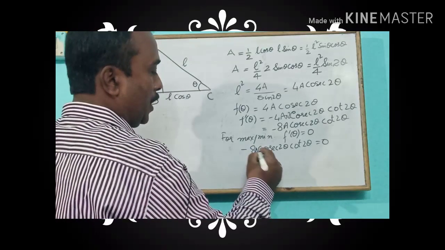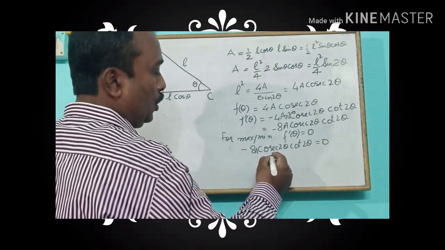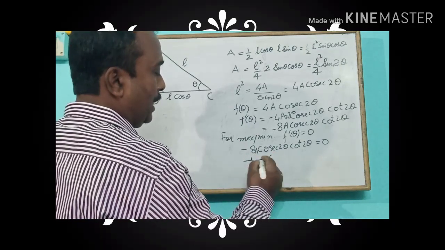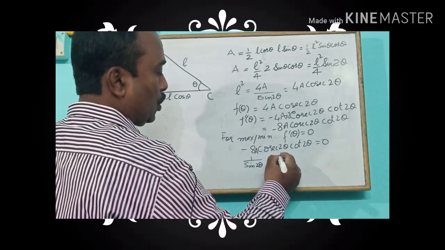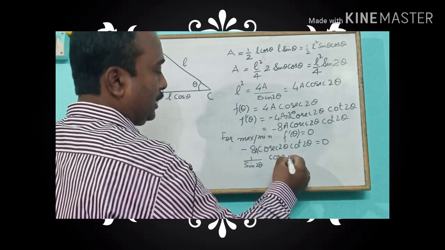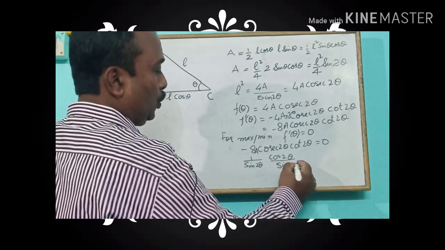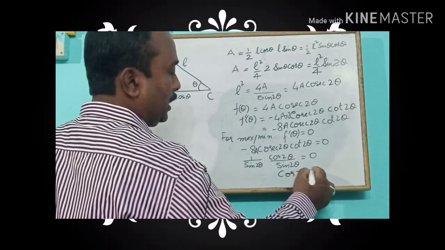So this portion minus 8A goes below 0, so it is 0. So cosec 2 theta is 1 by sin 2 theta, and cot 2 theta is cos 2 theta by sin 2 theta, that is 0, or cos 2 theta is 0.